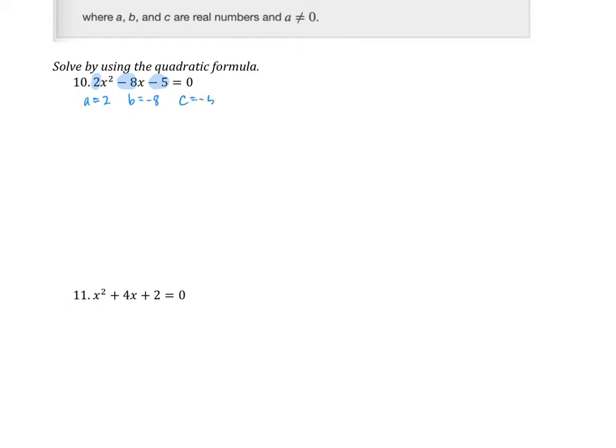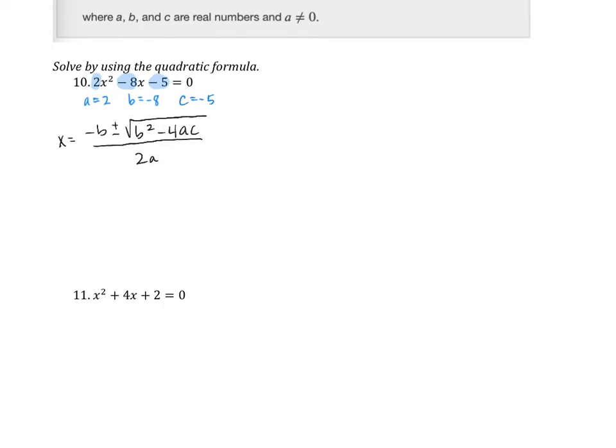So c is -5. Okay, so now we have a, b, and c. The formula, which was given above, is x equals -b plus or minus the square root of b squared minus 4ac all over 2a.